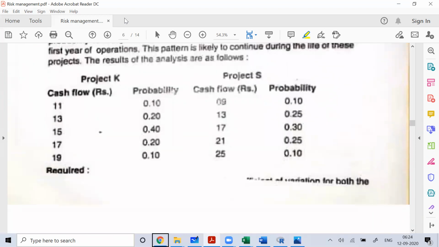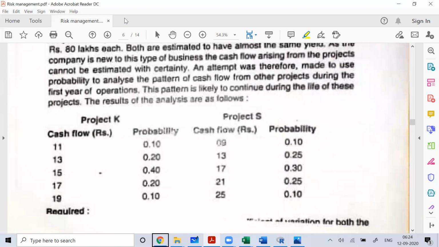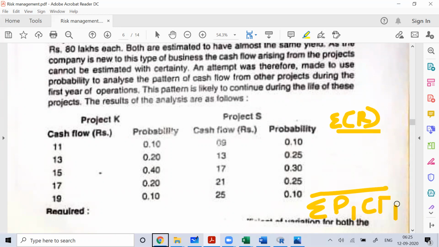Now a question like this, here they're asking you the expected return. I already did expected return in my first class. If I ask you about the expected return, you multiply the probability with the cash flow and do the sum of that. That is your expected return.